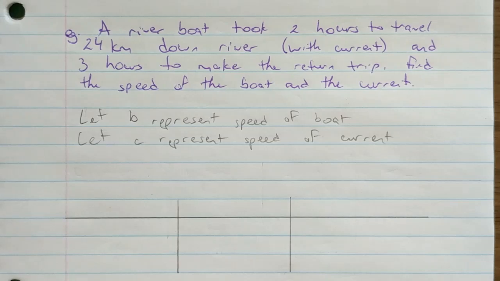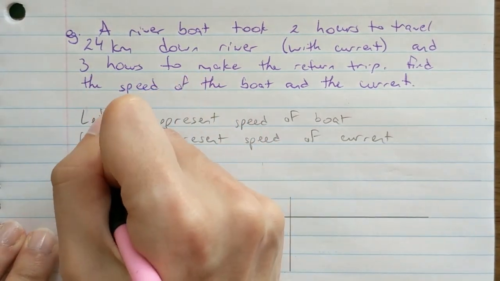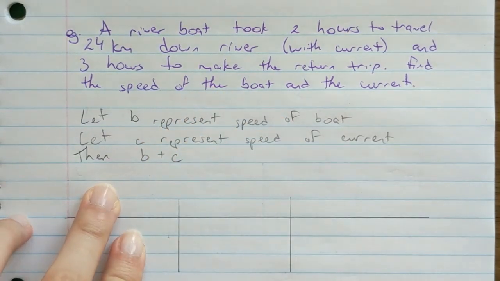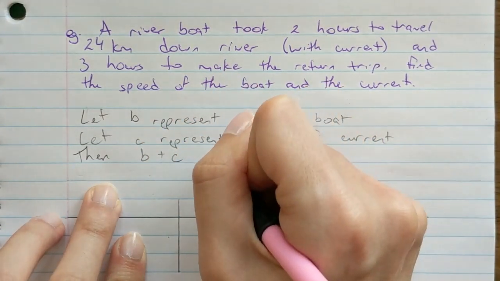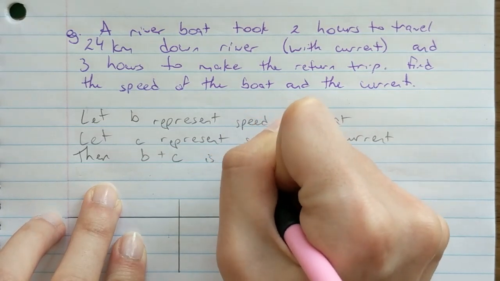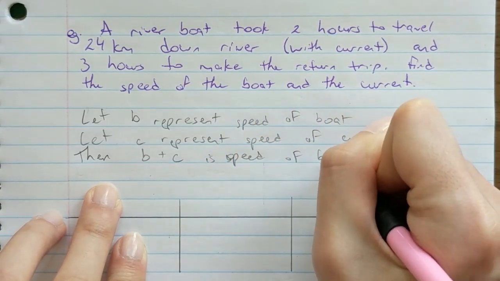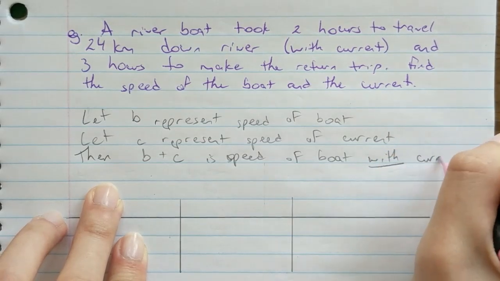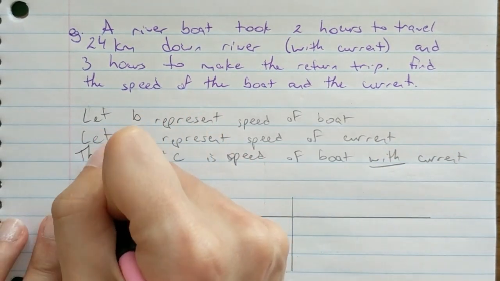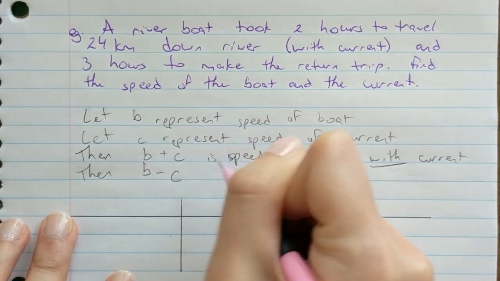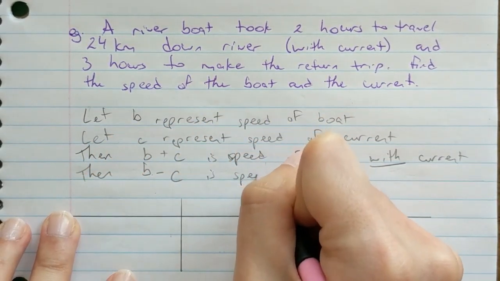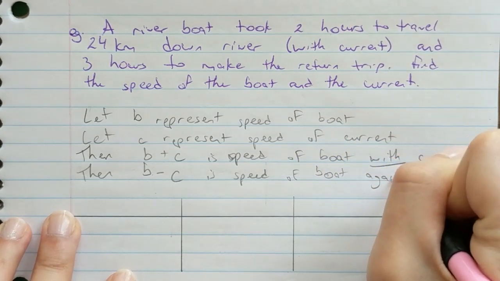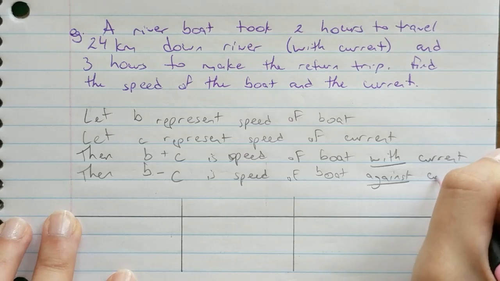Just like we did in our last equation, I then know that B plus C is the speed of the boat with the current, and B minus C is the speed of my boat against the current.